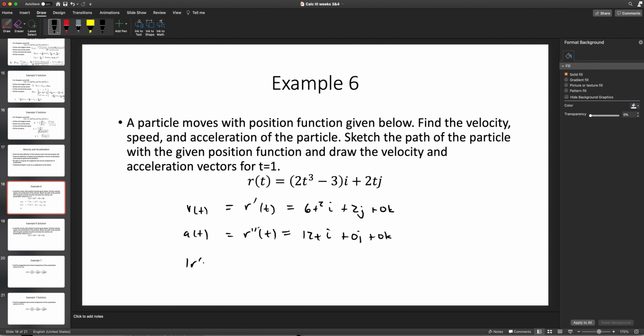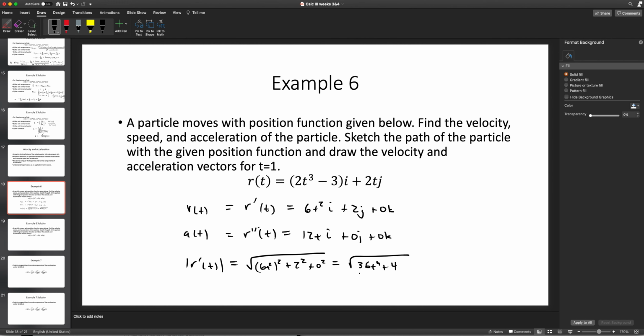Speed is the length of r prime of t. We already computed r prime of t, so we just have to take the length of that. So it'd be (6t squared) squared plus 2 squared plus 0 squared. But we don't need to write that if you don't want to. So what do you get? You get the square root of 36t to the 4th plus 4.